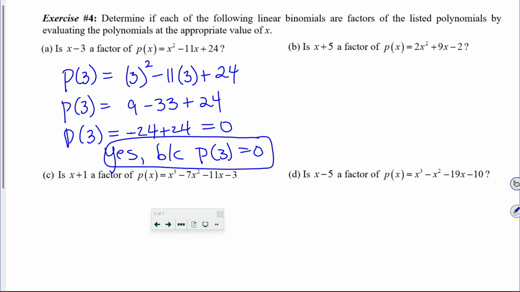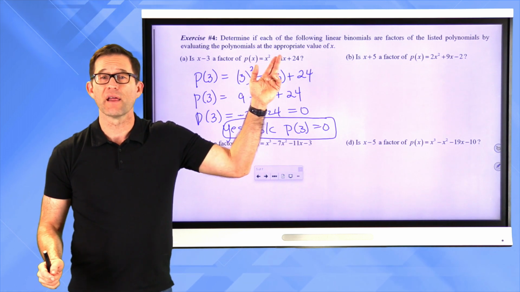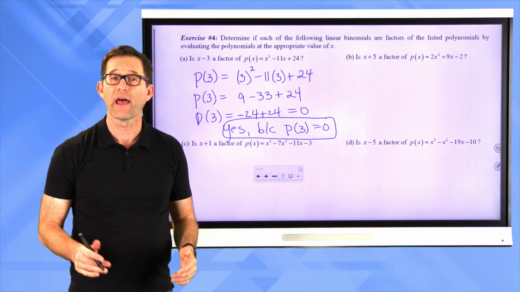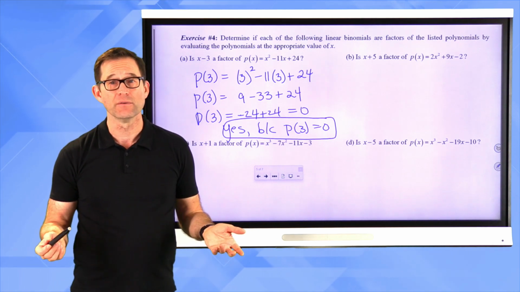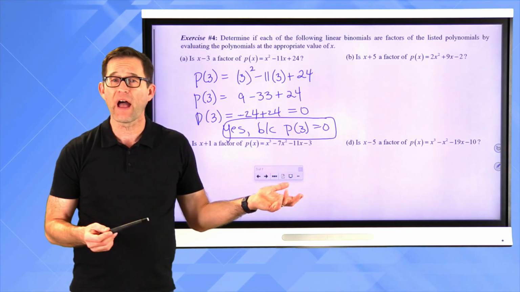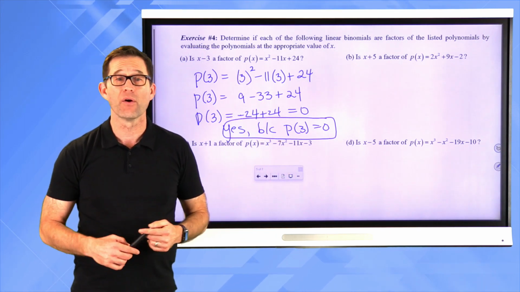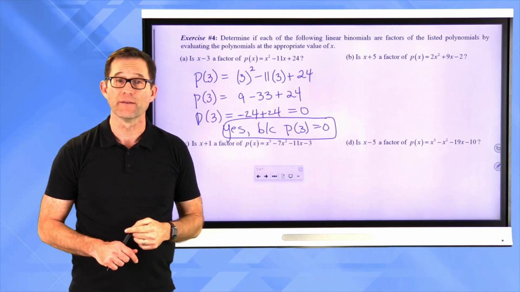And again, what that means is that I could take x squared minus 11x plus 24 and factor it as x minus 3 times some other linear factor, which is a wonderful thing to be able to figure out. One of the two factors of this. If I really wanted to know the other factor, I could take this and divide by x minus 3.